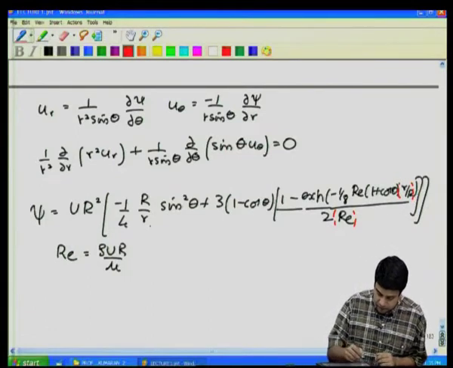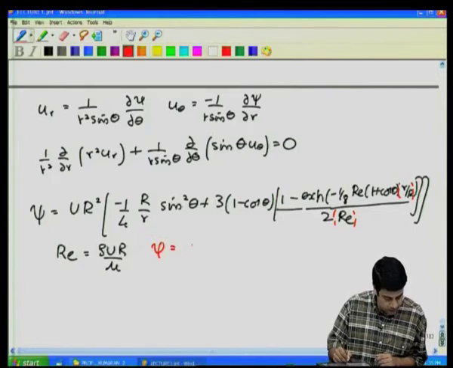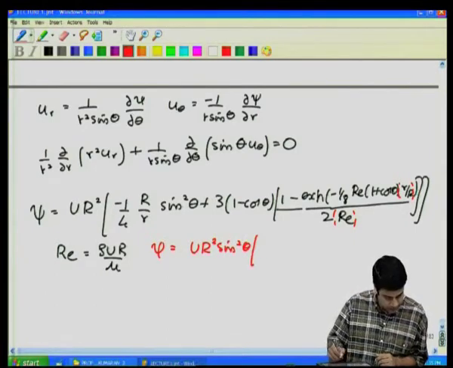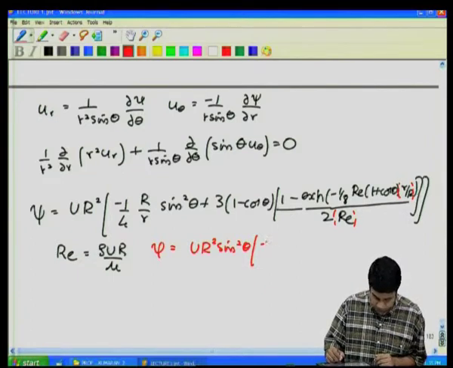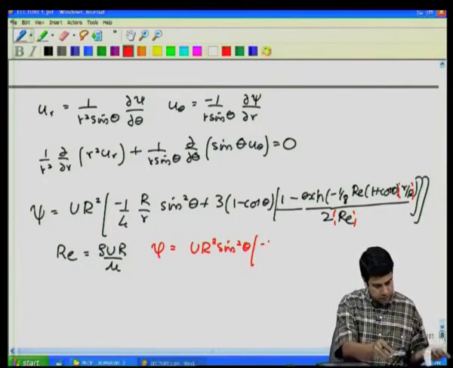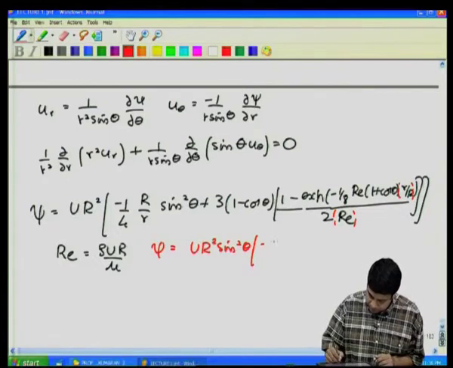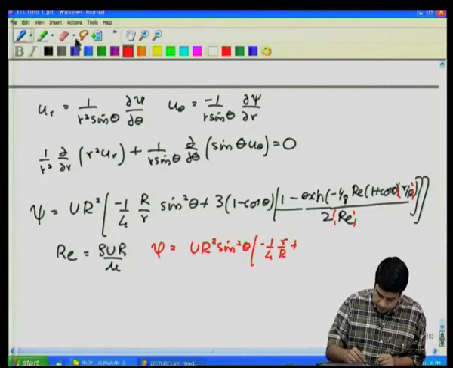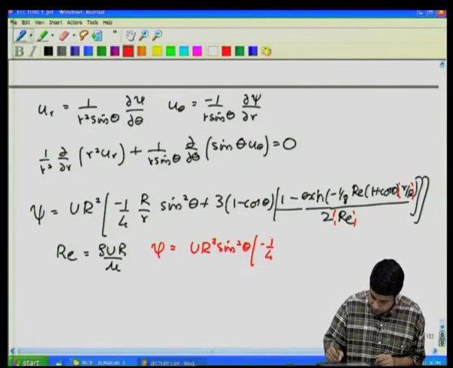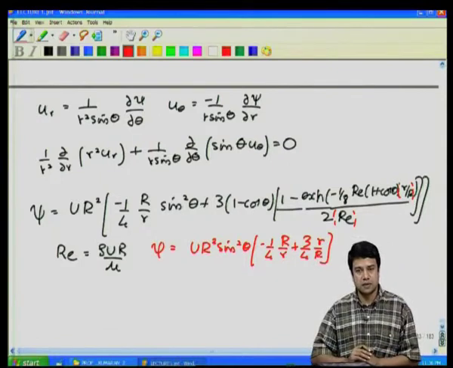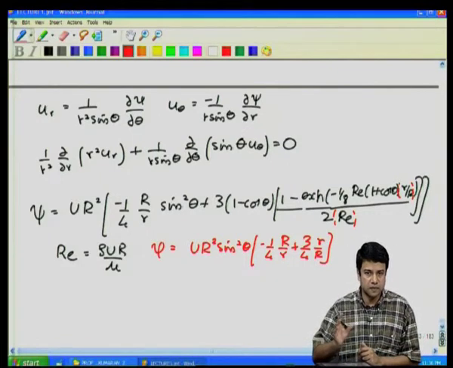And the stream function for that case will just turn out to be equal to U R square sin square theta into the bracketed expression. This turns out to be the identical solution that we get for the flow around a sphere.